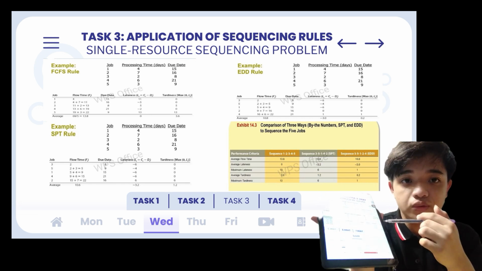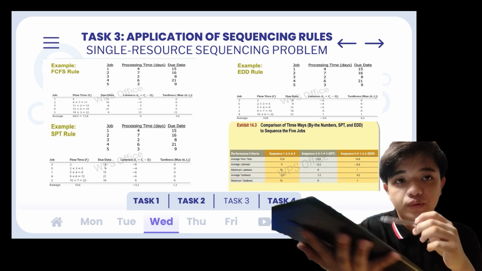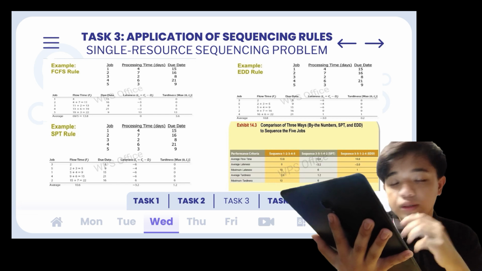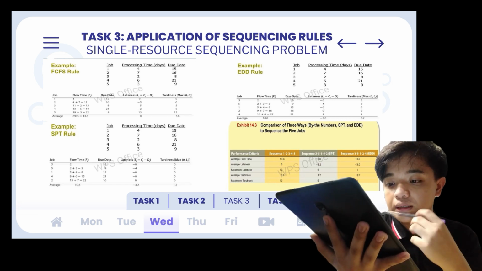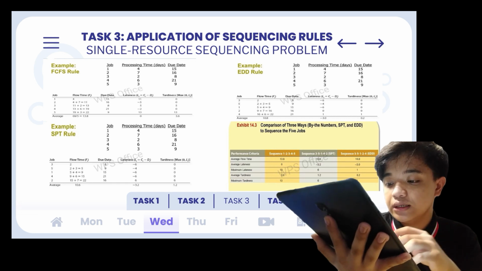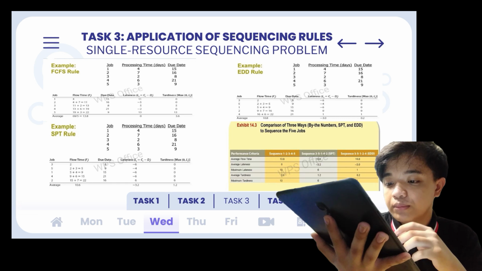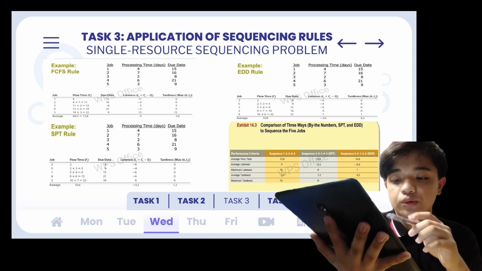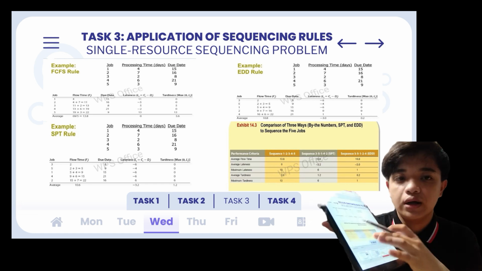Pero dun sa table 2, bigla siyang naging 3, 5, 1, 4, 2 kasi nga sa table number 1, ang pinaka-least na processing time is si job number 3, which is 2 days lang siya, unlike kay job number 2 na 7 days pa yung processing time, kaya siya yung pinaka last na ginawa. Ayun. So ayan lang naman.